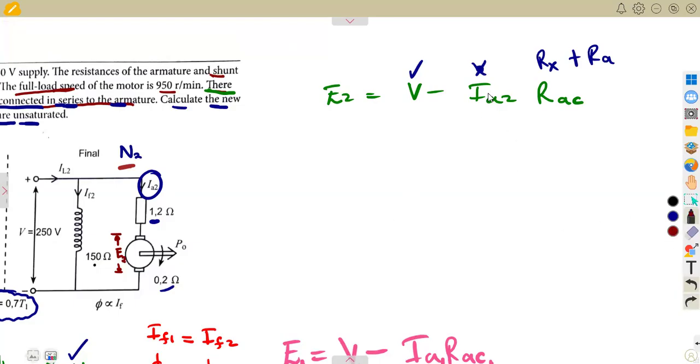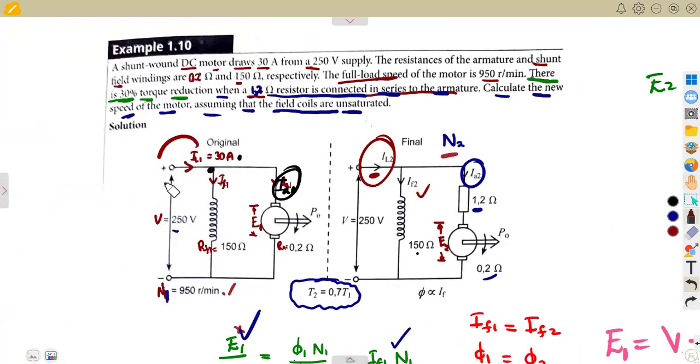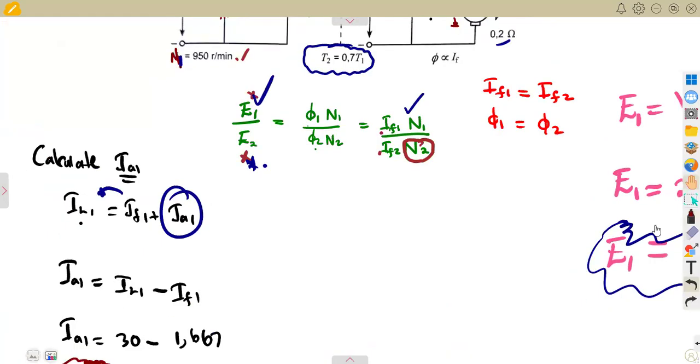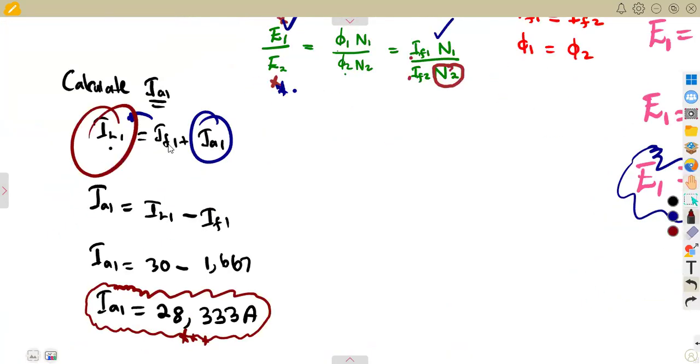Let us move on to the current, which is the armature current. We were supposed to calculate this armature current from the supply, the series, the shunt field, which we have, but the supply this time we do not have. Like what we had previously, there was a supply there, so we took advantage of the supply current we were given to say the supply current is equal to the field current plus the armature current.